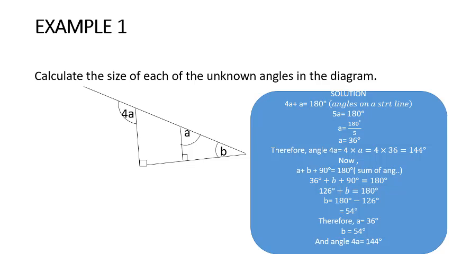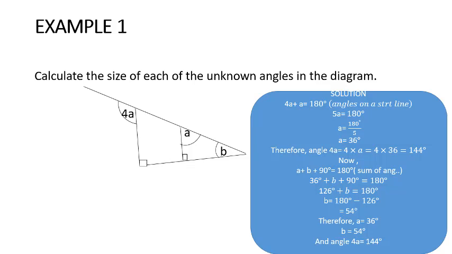Now our work was to find the angle 4A. Now we know that A is equal to 36 degrees. Therefore, angle 4A is equal to 4 times A, which is equal to 4 times 36. If we multiply 4 by 36, the angle is 144 degrees. Therefore, angle 4A is 144 degrees.